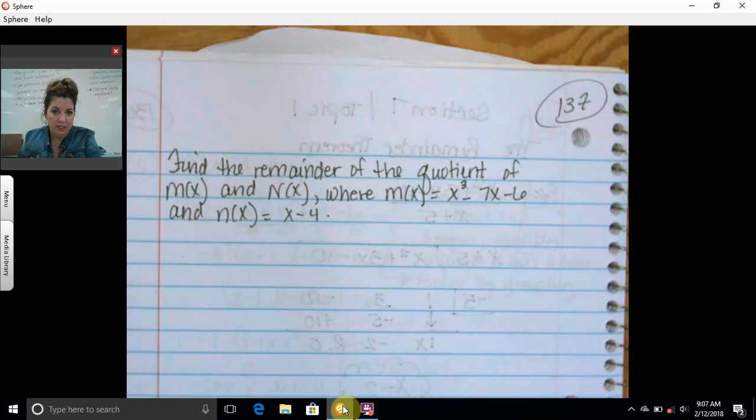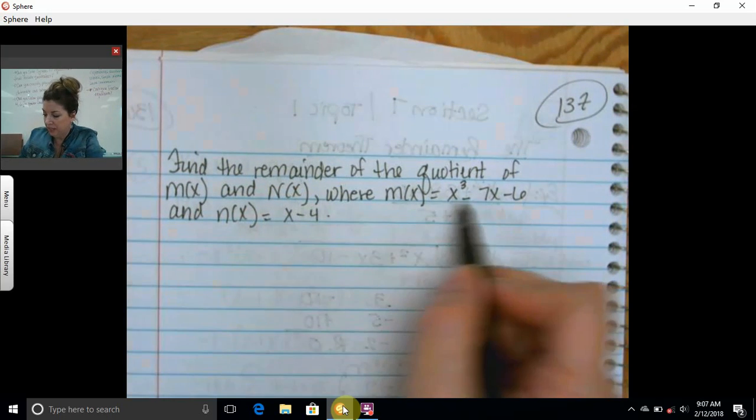So we're dividing that, they just wrote it weird, okay? So we're dividing m of x divided by n of x.